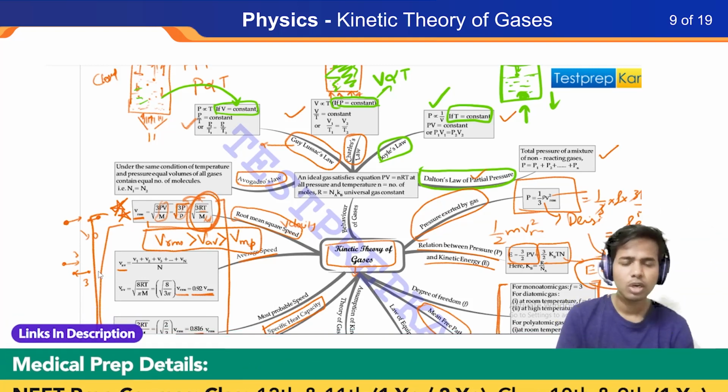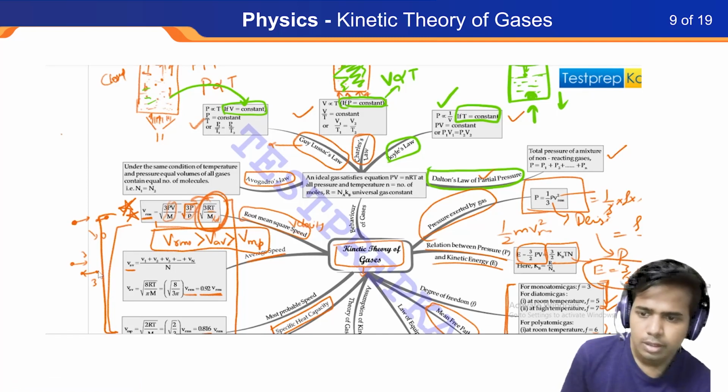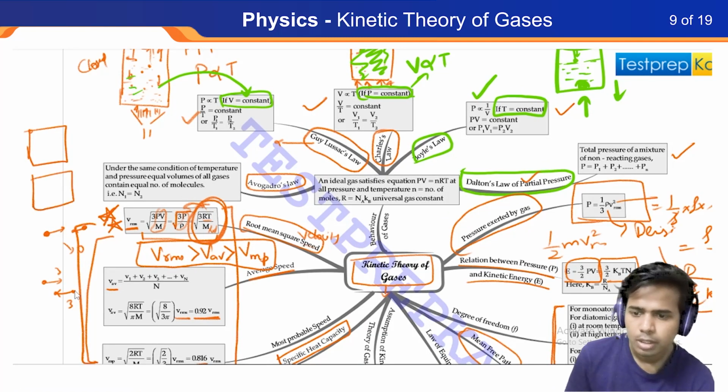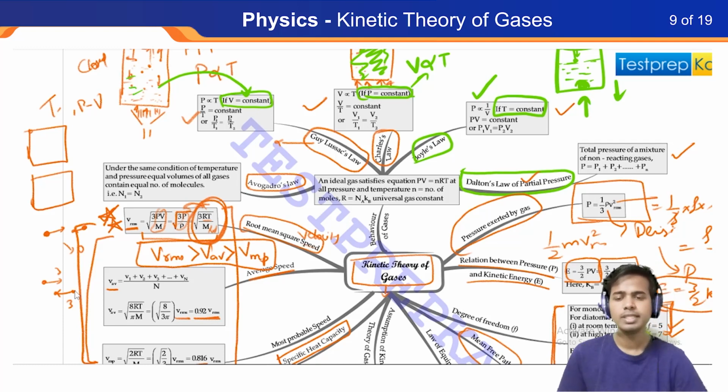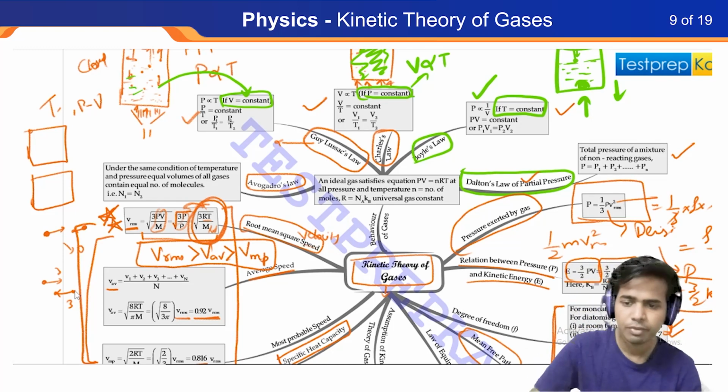Avogadro's law. Avogadro's law is simple: if you have two boxes in which the temperature is the same, pressure is the same, and the volume is the same, these are called the very standard conditions: temperature, pressure, and volume. In thermodynamics you will be using them everywhere.